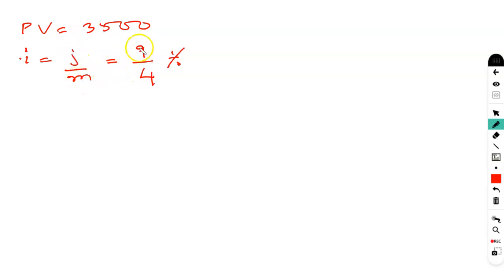The nominal rate is 9%, and because it is compounded quarterly, we divide by 4, which is equal to 2.25%, which is 0.0225.